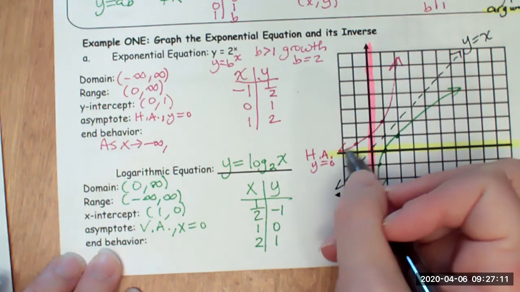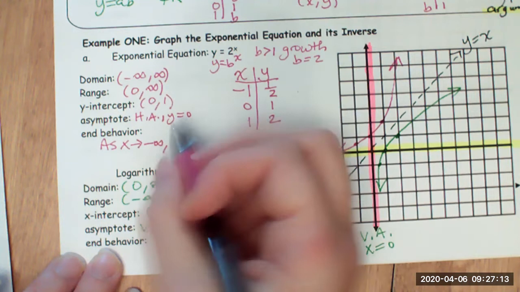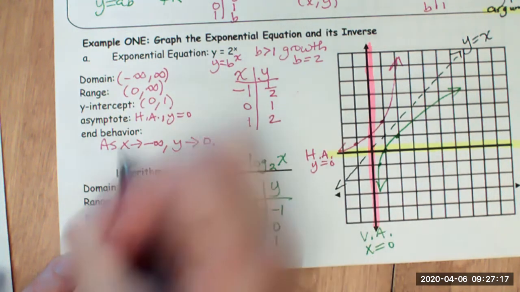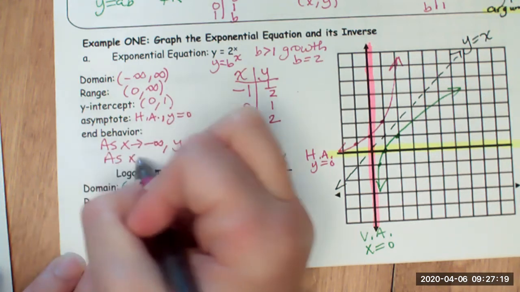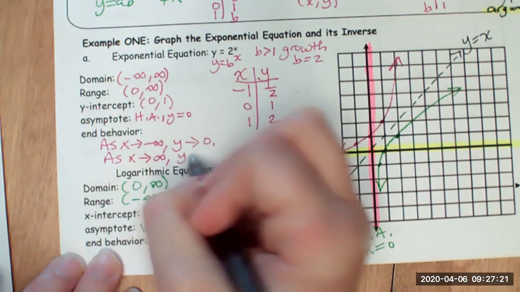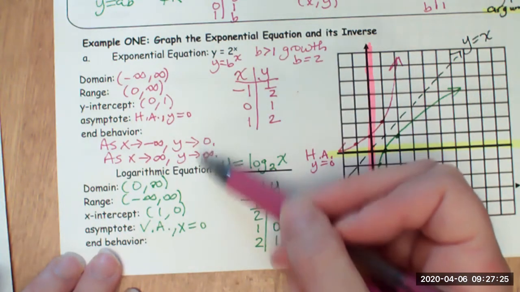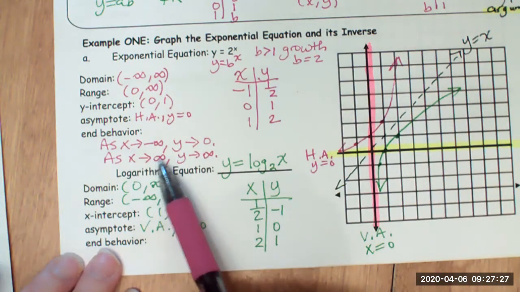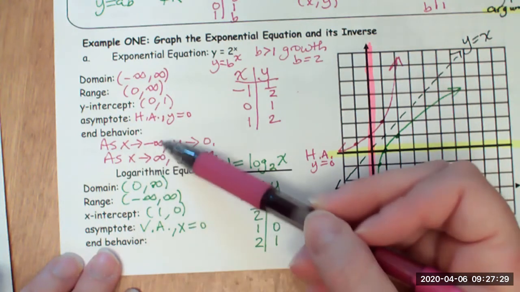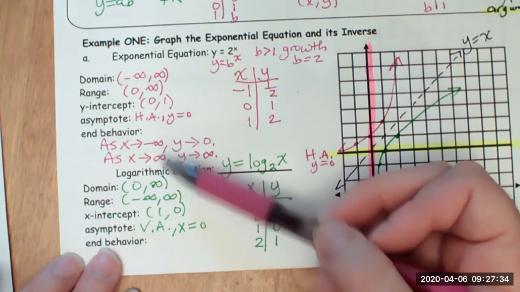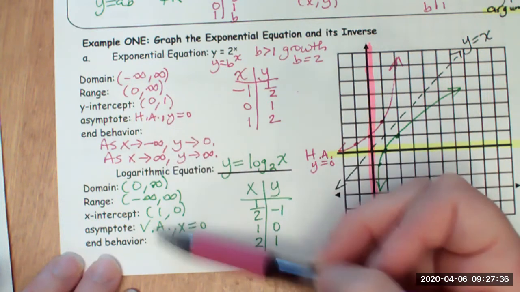It's getting closer and closer to that asymptote. And as x approaches infinity, y approaches infinity. When we were graphing exponential functions earlier in the chapter before the break, I just had you focus on positive infinity. But now I'd like to work on both directions because it helps you see it when you're comparing it to a log function.